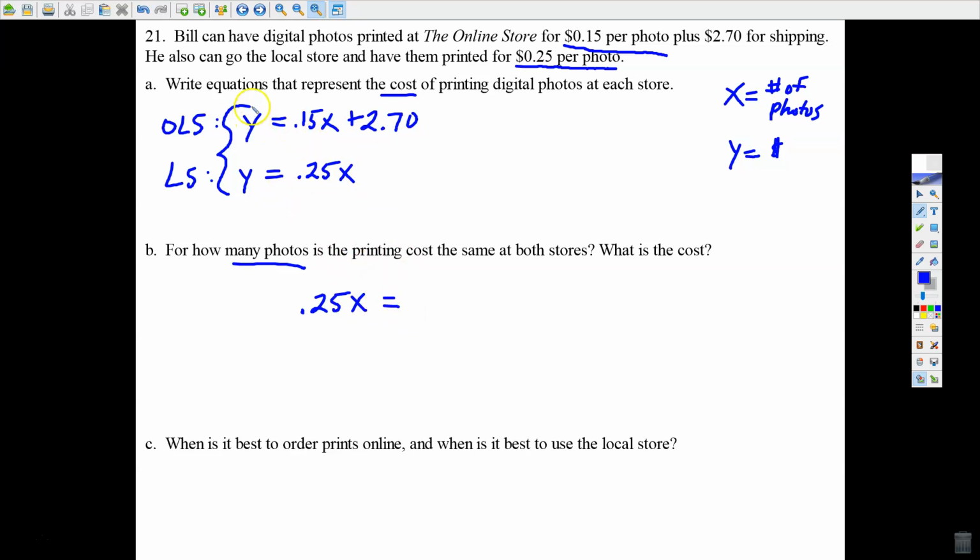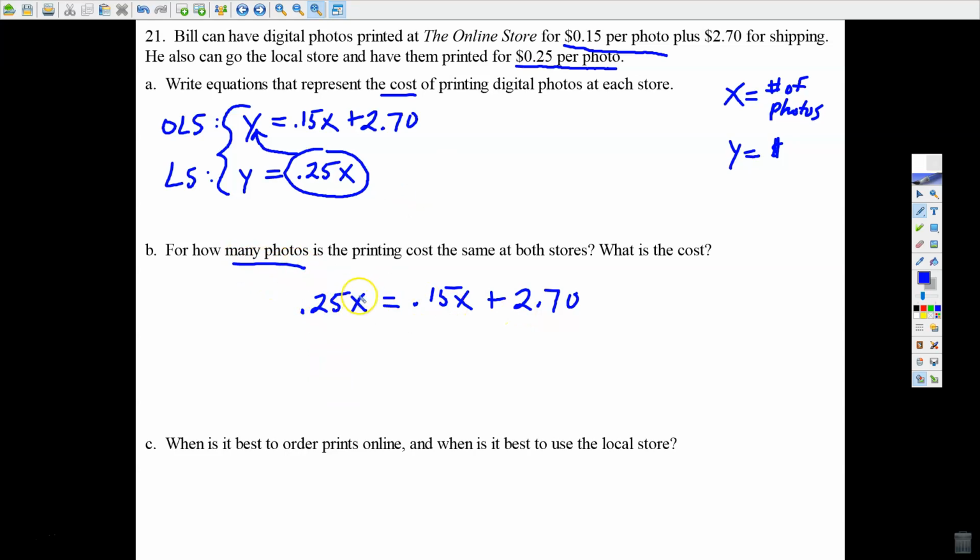This is called solving a system, and we're using the substitution method. If you also decided to solve this using elimination, that would be fine. But this is substitution because if y is 0.25x, then it's okay to substitute 0.25x in for the other y, and that's what I did.